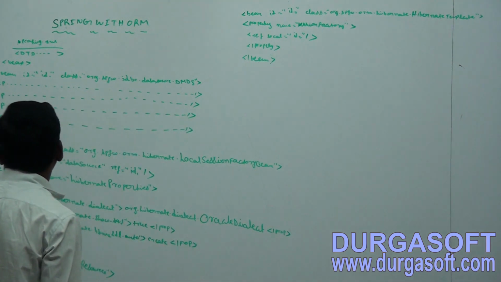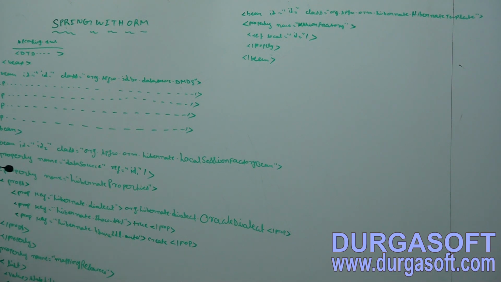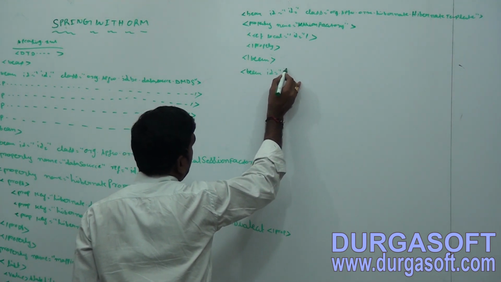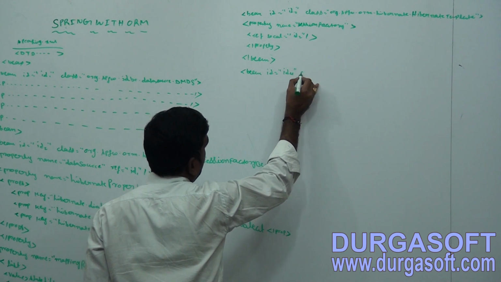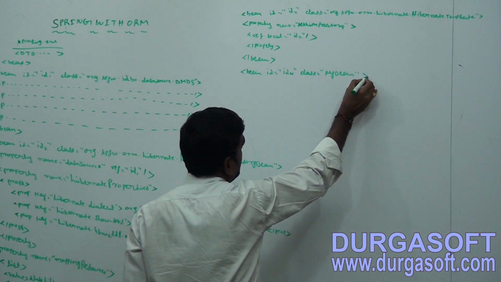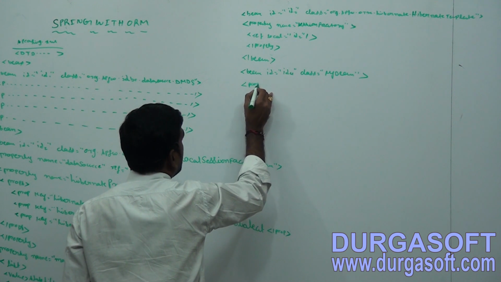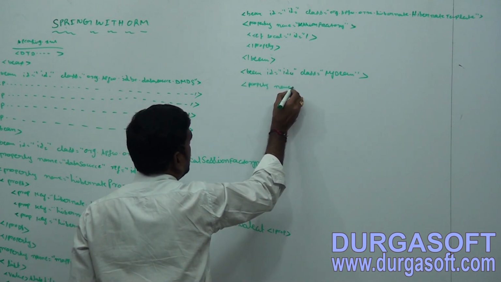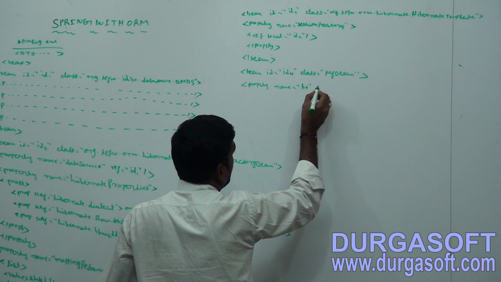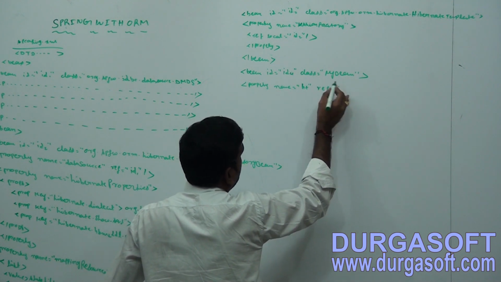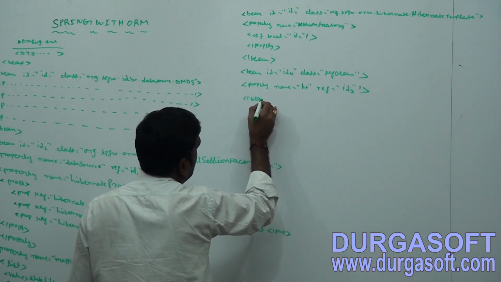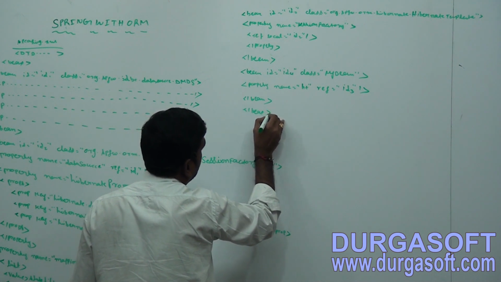Then finally one more bean is there. What is that? My bean. We have to configure that my bean also. Bean id is equal to id4, class is equal to MyBean, then property name is equal to what? ht, then ref is equal to id3, then close the bean, close the beans, right?